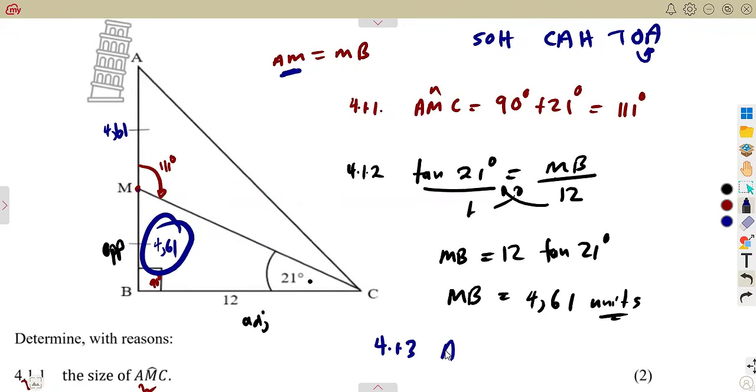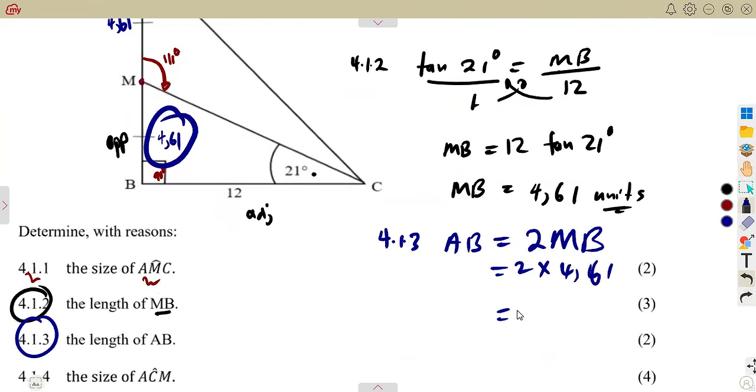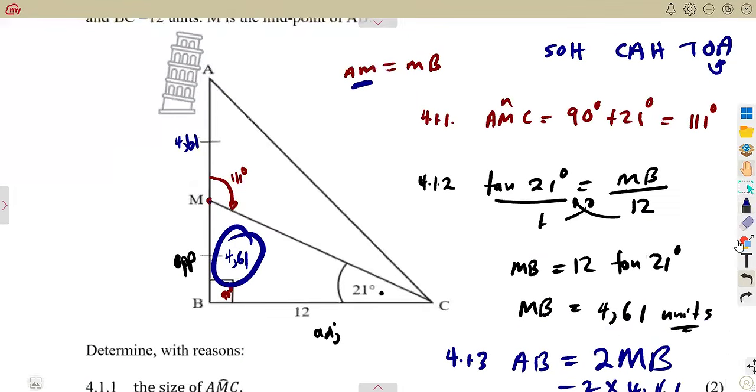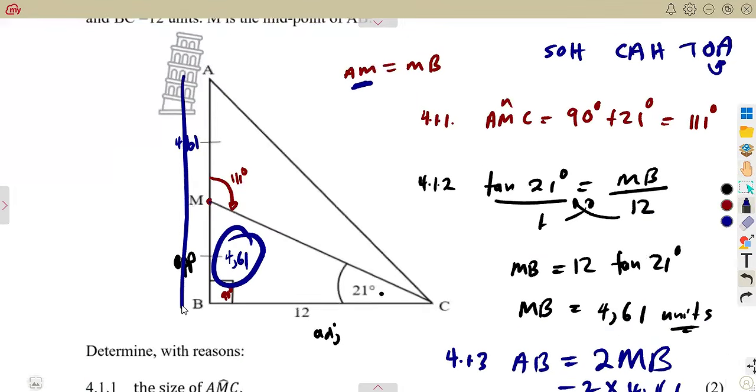The length of AB is simply 2 times MB. AB is twice MB or twice AM. So you simply multiply this answer by 2, or just add those two, since M is the midpoint. That was going to give us 9.22 units. We've got the length of AB in that case, the whole of this line AB. We just determined this, which is 9.22 units.